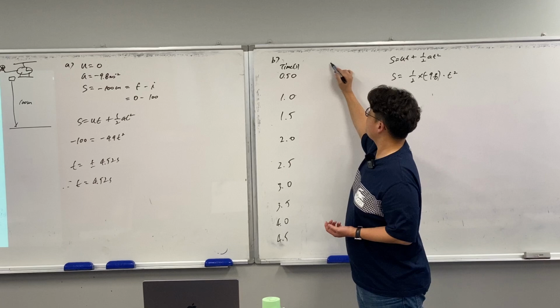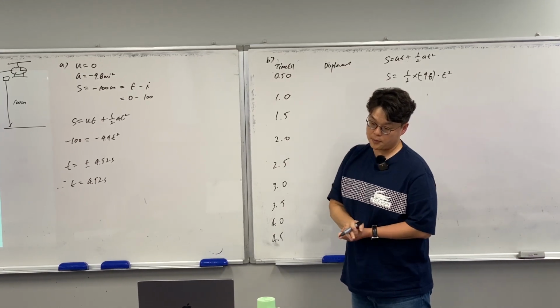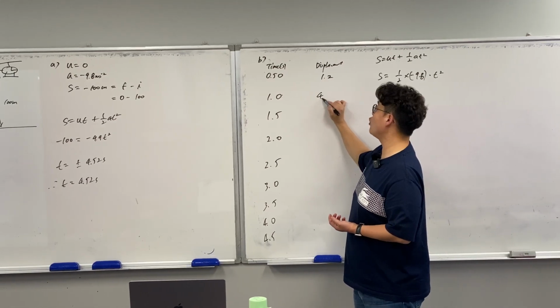So for the vertical displacement down, it would be 1.2 from falling down, followed by 4.9.